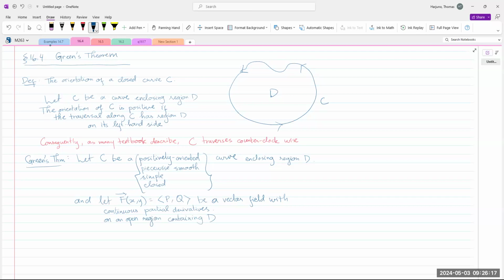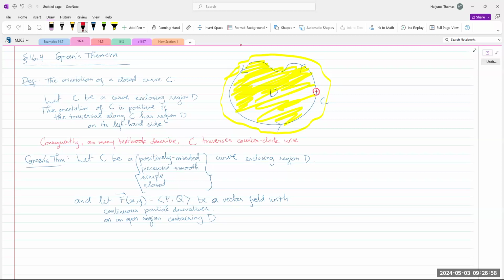Think of it this way: this vector field has continuous partial derivatives not only on D, but also including the boundary, and also including a bit over the boundary. So that even if you choose a point on the boundary, there must be a circle fully contained in that open region in which the vector field has continuous partial derivatives.